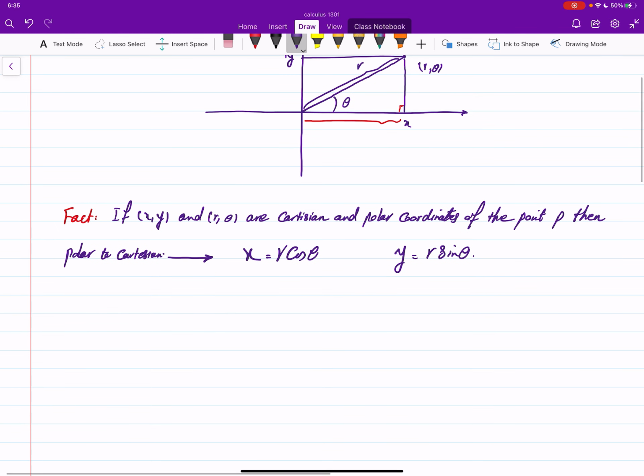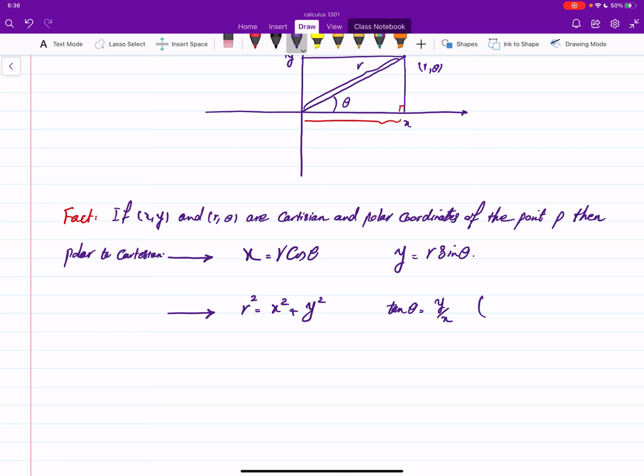Going backward is a little bit trickier. You can say that r is the length from that point to the origin, so you can use the square root of x squared plus y squared. But r can be negative, and this gives just positive. The better version is r squared equals x squared plus y squared. On the other hand, tan theta is y over x.